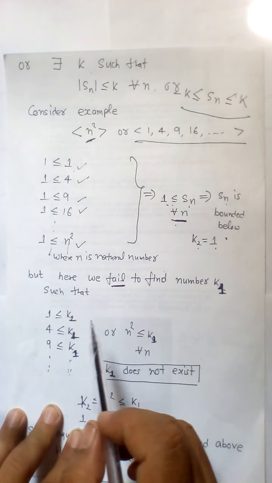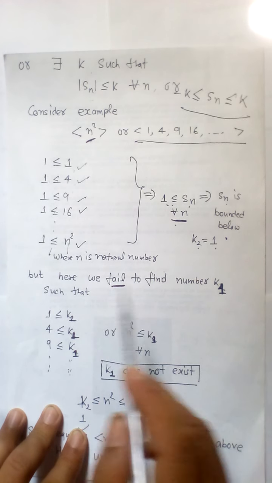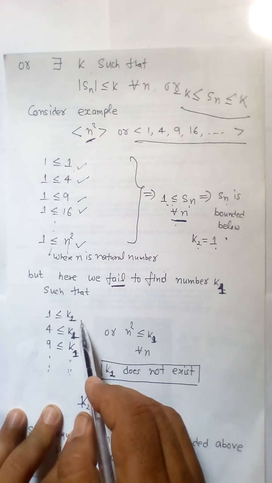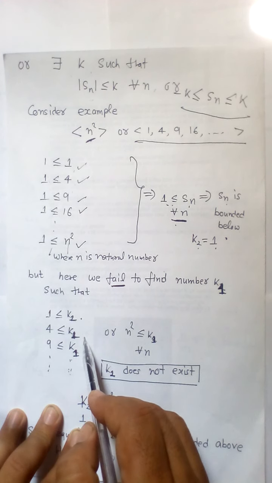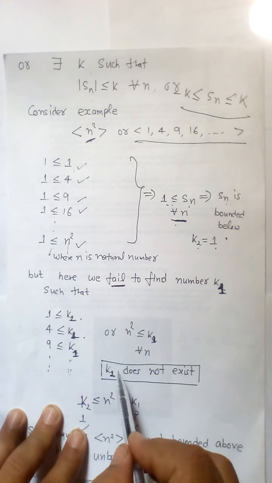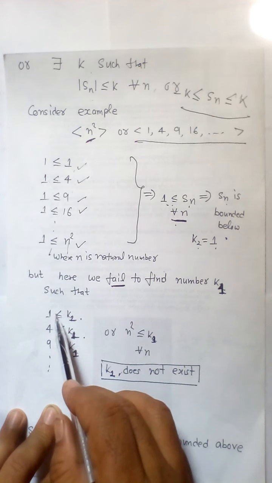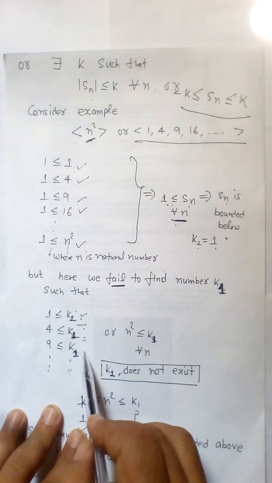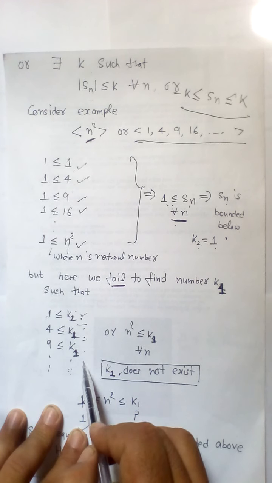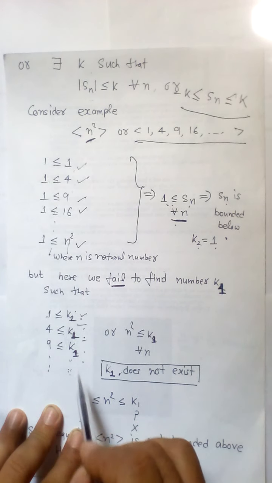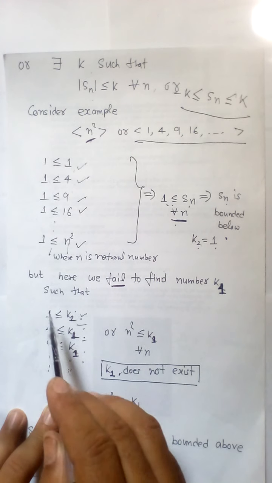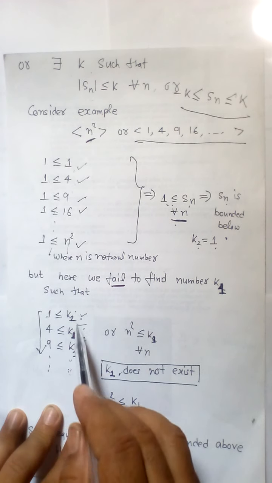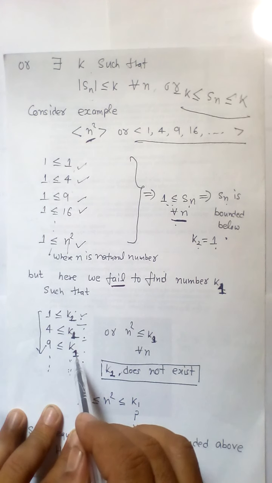Now let us check for bounded above. So here we cannot find any number k1 which satisfies this condition. See, we can't find such a number k1 which satisfies this condition, because this sequence is every time increasing, so you can't find a definite number.